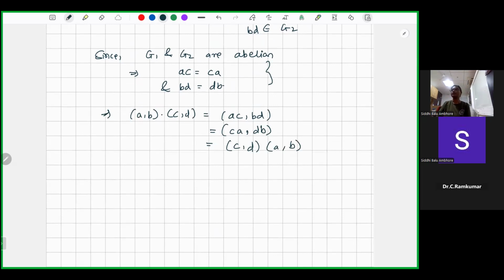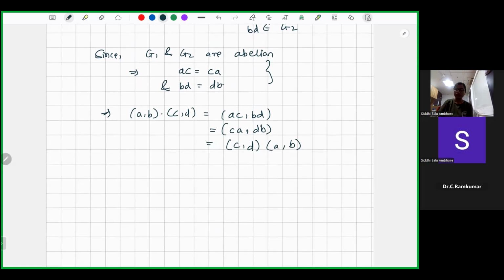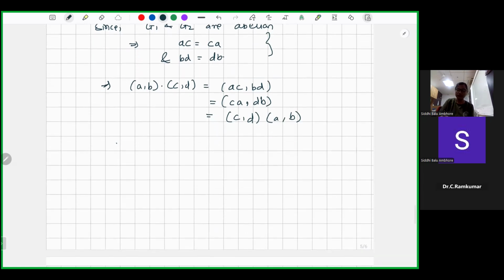So this implies that any two elements in G1 cross G2 commute. So therefore we get that G1 cross G2 is abelian.